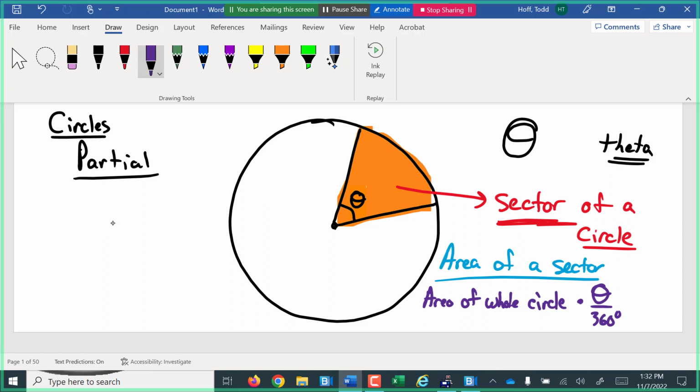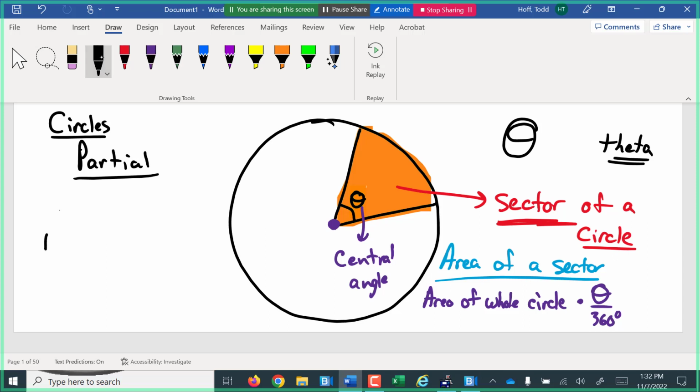Now this is called a central angle because it has to be at the center of the circle. But it also, because it's at the center of a circle, it defines a fraction of a circle.